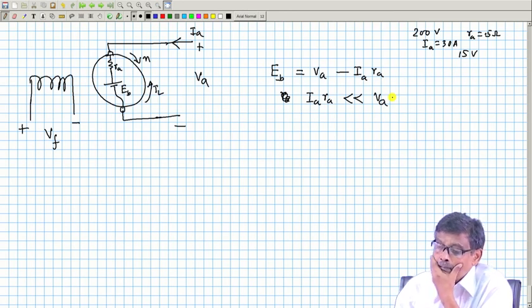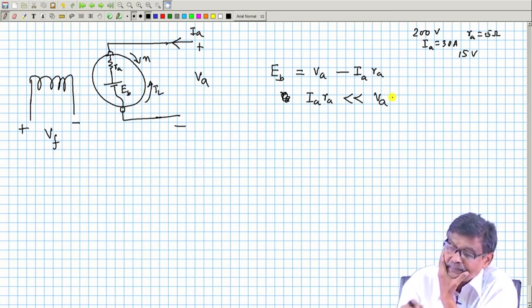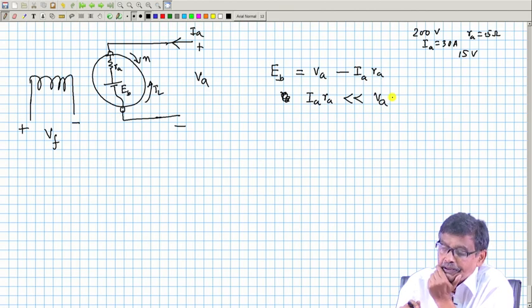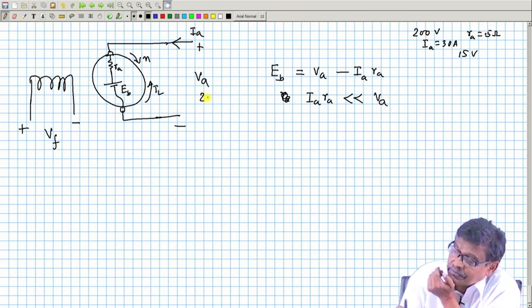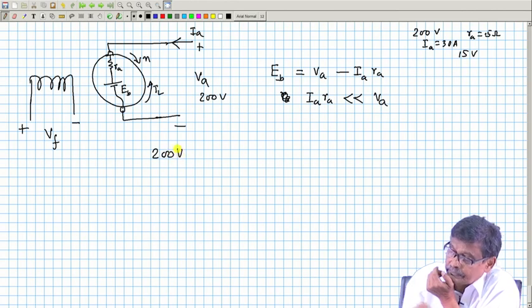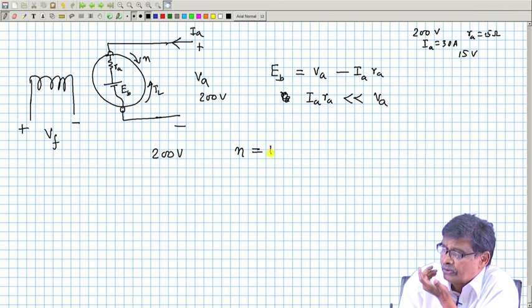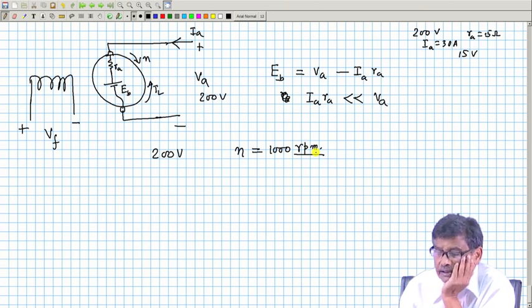For example, you listen carefully, suppose you apply 200 volt and you find the machine is running at say 1000 RPM. I have written RPM, clear?